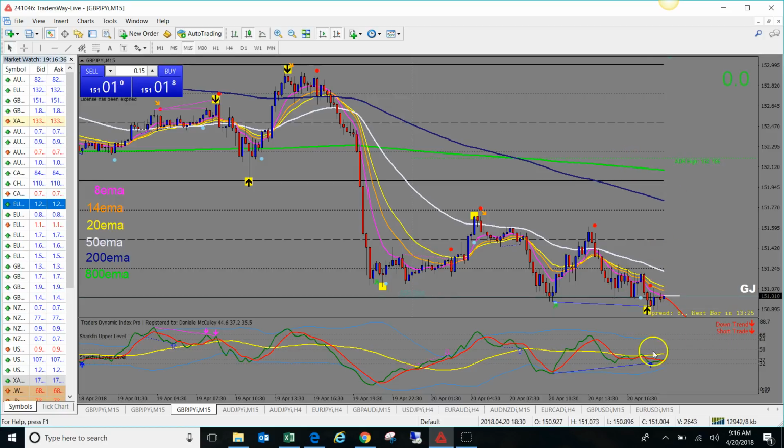And if you have the TDI Pro, it's letting you know that we're in a downtrend. This is a short trade. Sometimes it'll say weak short trade or weak long trade, but this is showing you a strong downtrend. This is why I like the TDI Pro, because it would also show you the way. So the 50 on the 15, you want to watch that.